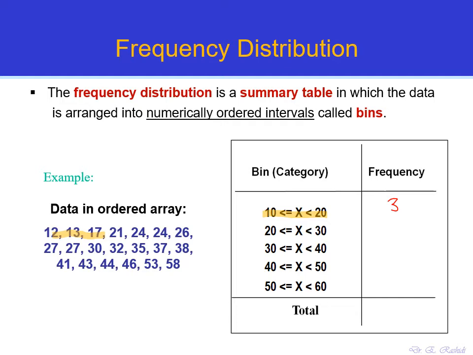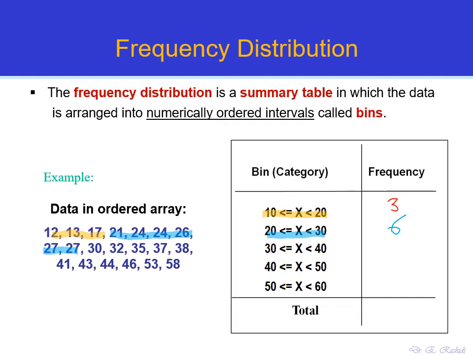For the next interval, numbers between 20 and 30, how many numbers do we have? We have 21, 24, 24, 26, 27, and 27. That's 1, 2, 3, 4, 5, and 6. So we have 6 numbers here. And we continue with this until we fill out the frequency distribution table.